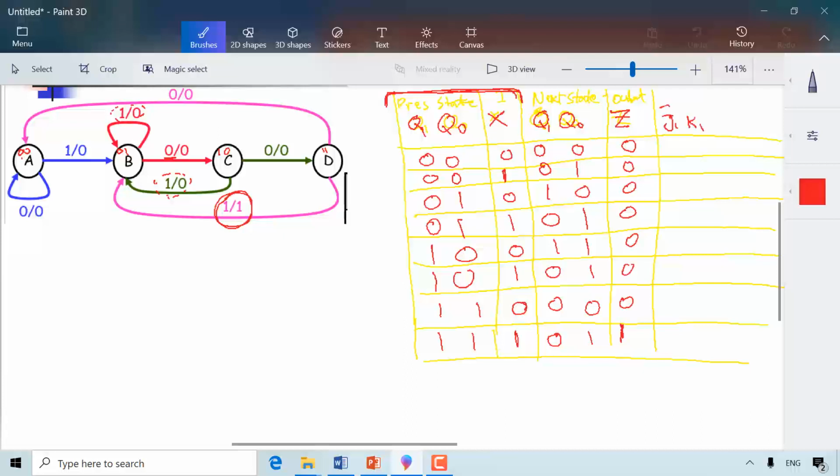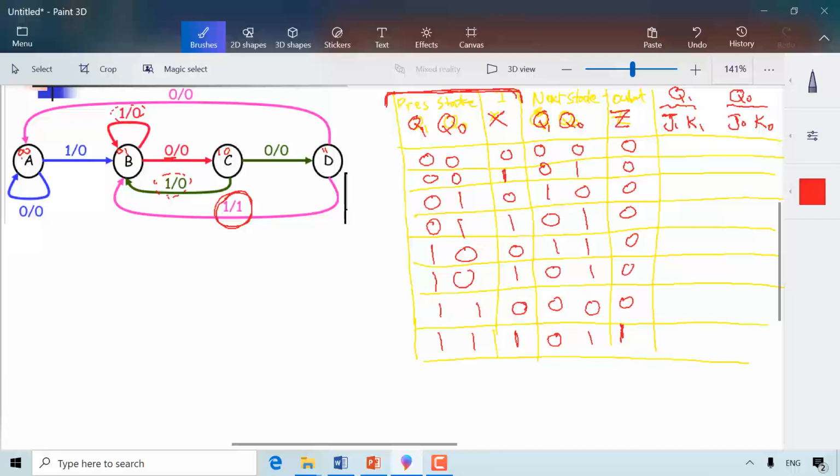And for Q0, I'm going to have J0 and K0. Now I need to find their values. How do I find their values?